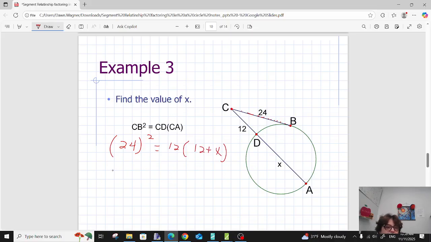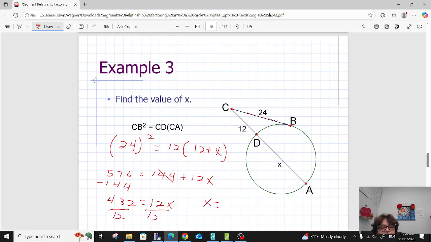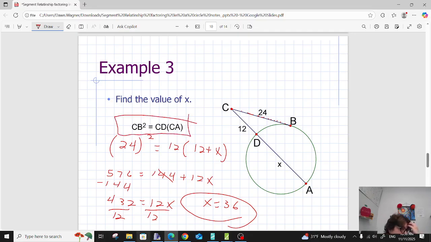So we get 576 equals 144 plus 12x minus the 144. What is it? 32. Divide by 12. X would equal 36. So this is just applying these formulas, right? Once you just substitute in, you use your algebra skills to figure it out.